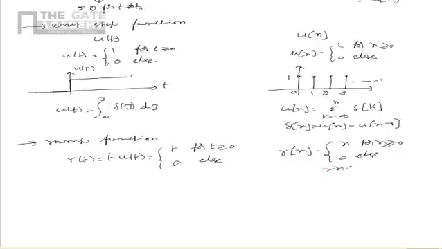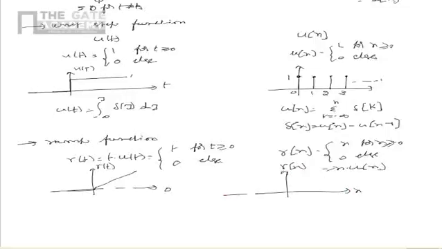So this can be written as n into u of n. When plotted, the ramp function in continuous time case looks as shown. It would be 0 for t less than or equal to 0 and for t greater than or equal to 0 it is t. Similarly, r of n when plotted, for n less than or equal to 0 it is 0. For n greater than or equal to 0 it is n itself.